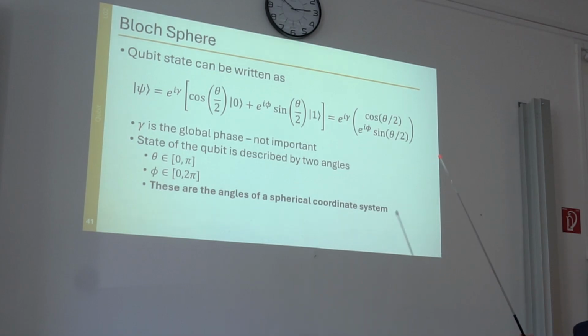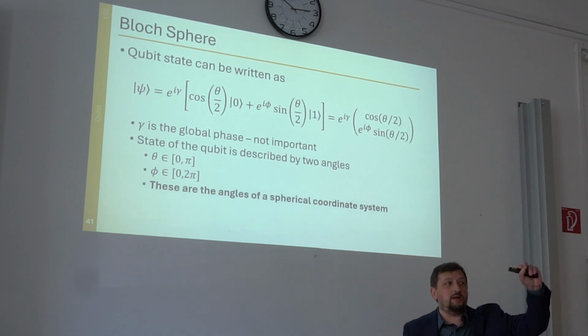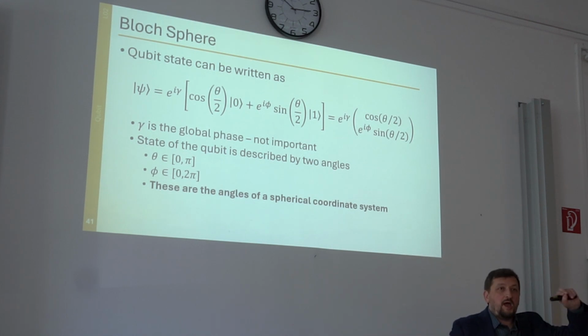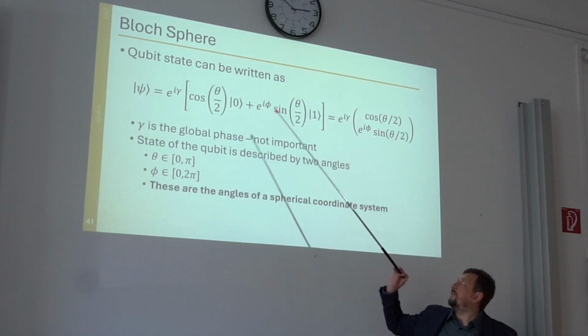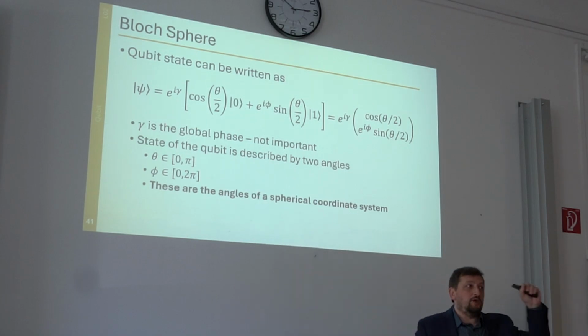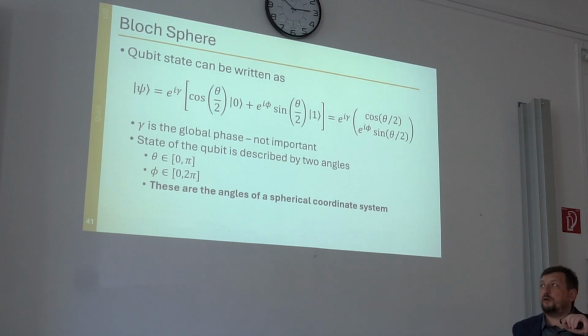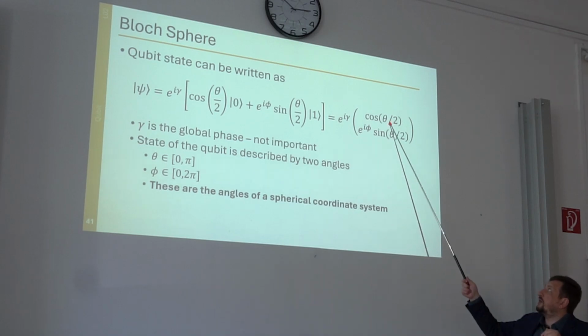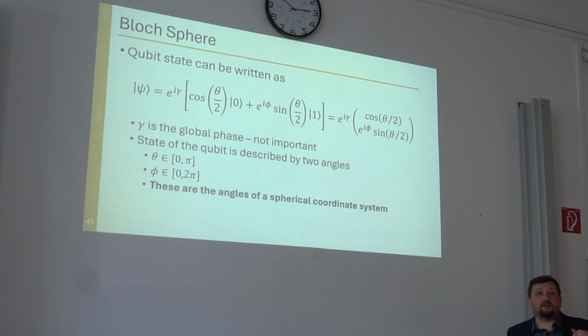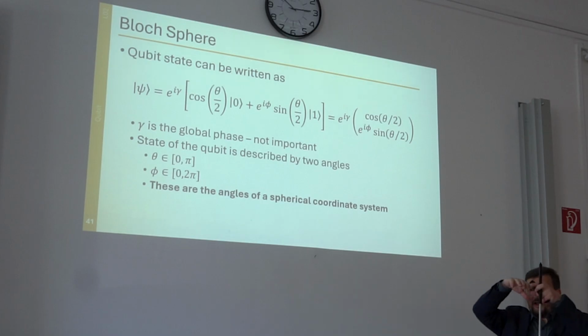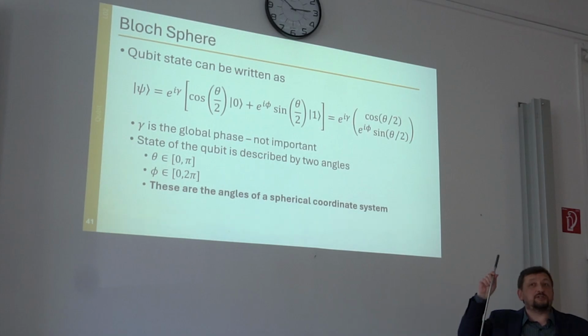Okay, so what does this expression give? It gives that if we have an arbitrary qubit state and we neglect this unphysical phase, then each qubit state can be described by angles in the spherical coordinate system. That means for each qubit state, I can draw a point on a unit sphere that has the same values of theta and phi.